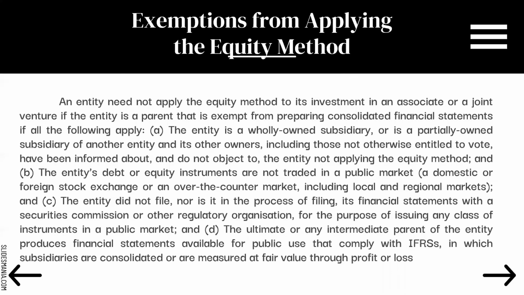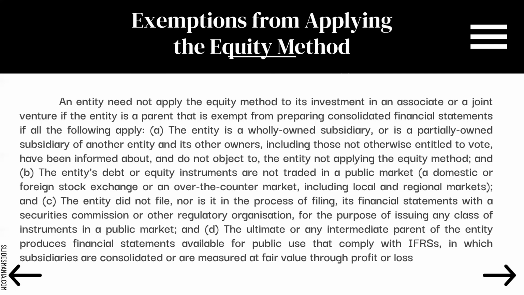First, the entity is a wholly owned subsidiary or a partially owned subsidiary of another entity and its owners, including those not otherwise entitled to vote. Letter B, the entity's debt or equity instruments are not traded in a public market. The public market can be a domestic or foreign stock exchange, an over-the-counter market, or it includes local and regional markets.